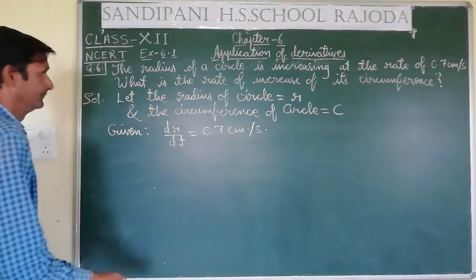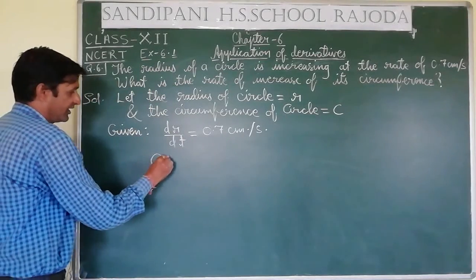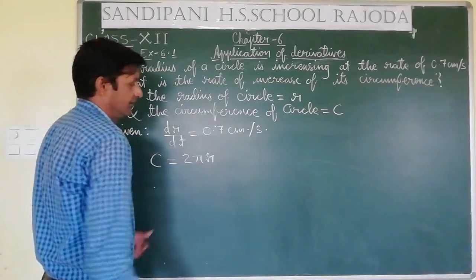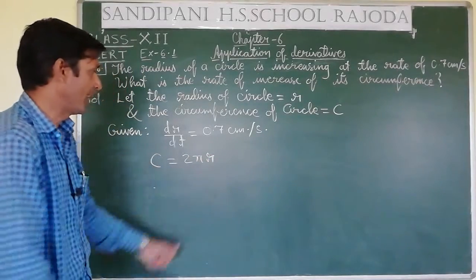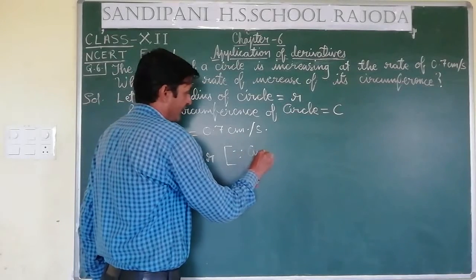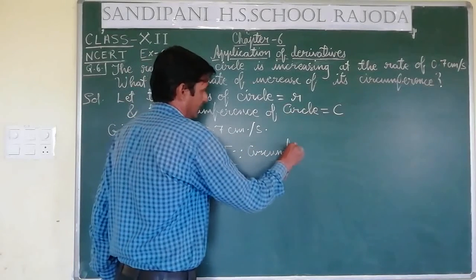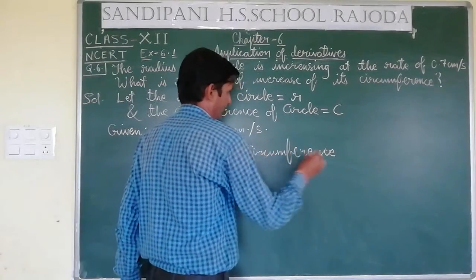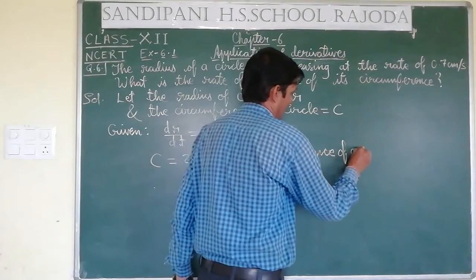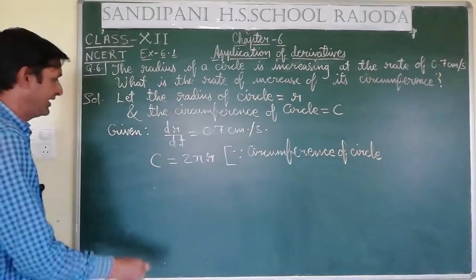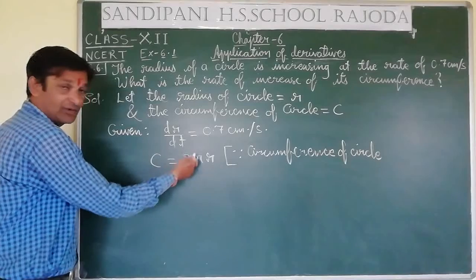Now circumference of circle is 2 pi r, that you know very well. Circumference of any circle is 2 pi r. So you may mention circumference of circle. Now we may differentiate it with respect to r.